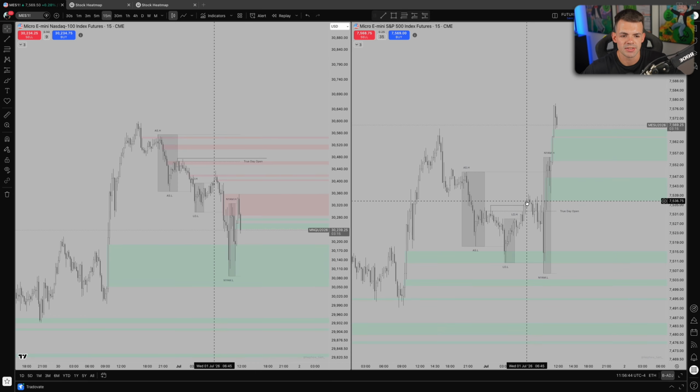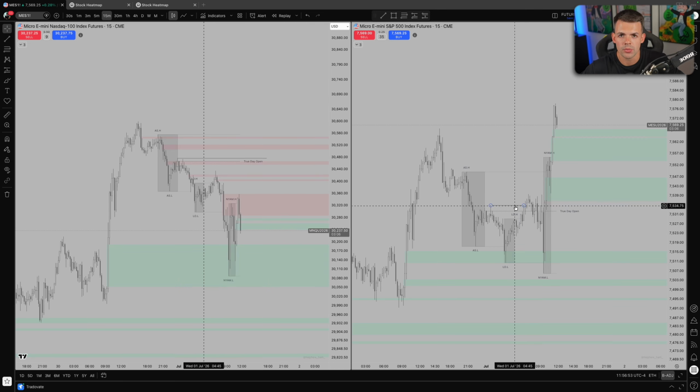That shows us that the S&P 500 is stronger than the Nasdaq. So if we are going into the day and we have a bullish bias, where should we look for our long entries? 100% on the S&P 500, because it's the stronger asset.